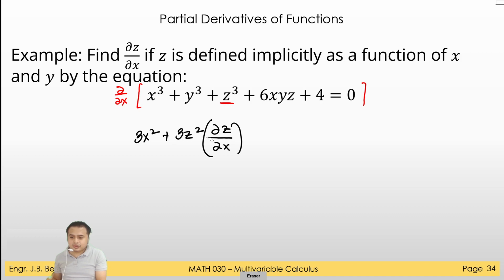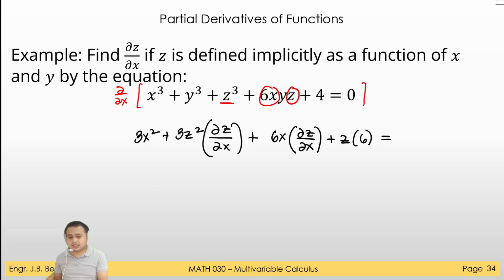Then we assume that y is a constant, so we have x as our variable of differentiation and z as our function of x and y. So we have a product rule here for 6x times z. We have 6x multiplied by the partial derivative of z with respect to x, and then z times the derivative of 6x, which is just 6. And then the derivative of 4 is 0.